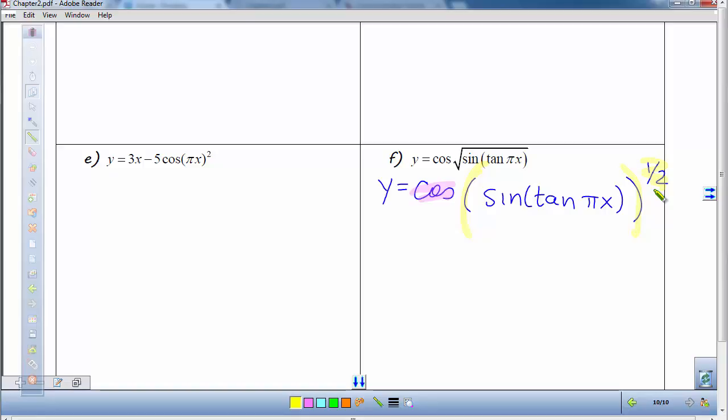Then what? Then the sine. So let's do some tiger orange. Okay. Then tangent. Oops. Used that color already. Running out of colors. And then finally, pi x. Okay. So one layer at a time.